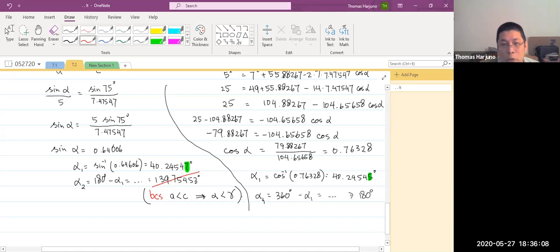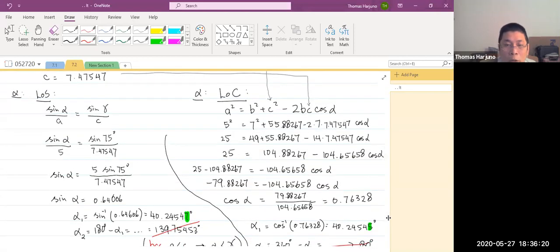Under no situation do you get an angle of more than 180 degrees. So even though the law of cosine is longer, it gives you only one solution. Even if cosine alpha gives you a negative number, it will give you quadrant 2 or quadrant 3, which is more than 180. So you will have only one possible solution.